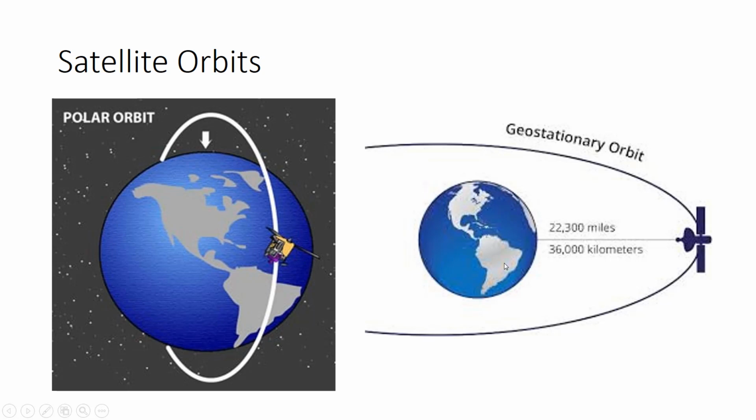The benefit is that the satellite is over the same location constantly, whereas with polar satellites, the satellite is constantly leaving the location it's over and moving to a new one. A geostationary satellite remains stationary over the same location during the entire 24-hour period. It's planted over that location, looking down at it constantly. And today we're going to talk about geostationary satellites.